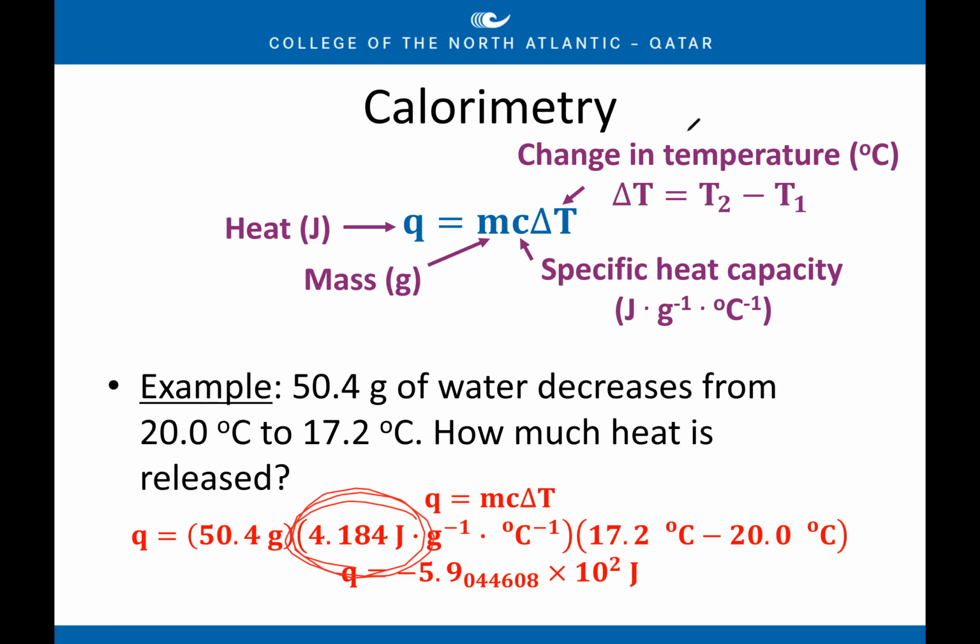And as Aman said in the chat, yes, this is definitely in the data booklet. This will be your magic number for C, especially on a test. Most times your C will be 4.184.